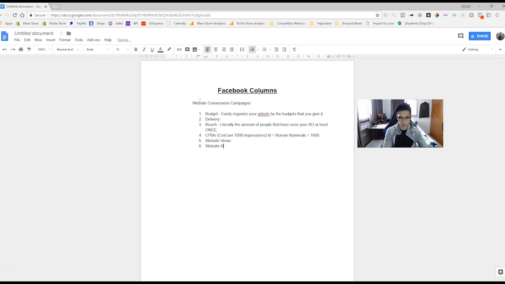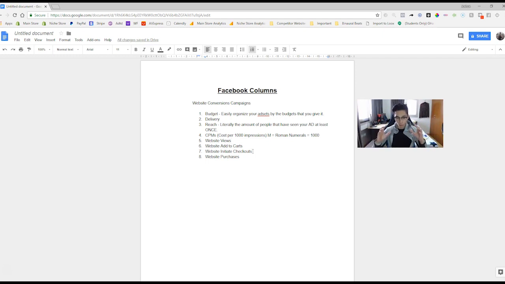Okay, so next you have website content views, website add to carts, website initiate checkouts, and website purchases. As you can see, for these four things you're basically looking at a funnel. When you are doing Facebook ads, you want to know whether you're looking at the right thing.